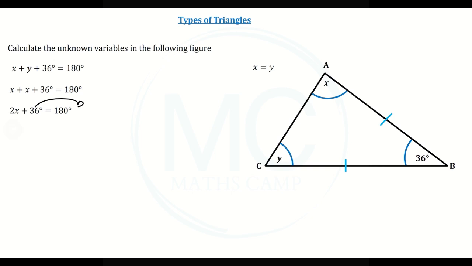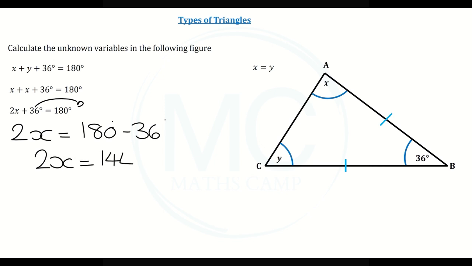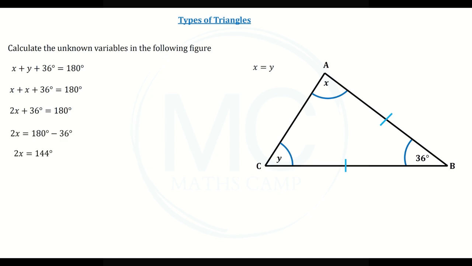On the left, we now have 2x, which is equal to 180 degrees minus 36 degrees. 180 degrees minus 36 gives us 144. So 2x is equal to 144 degrees.